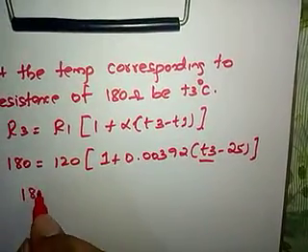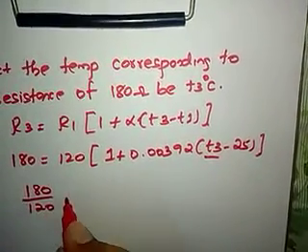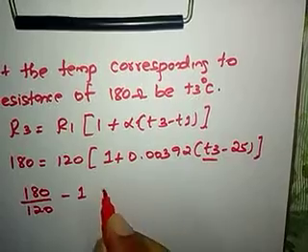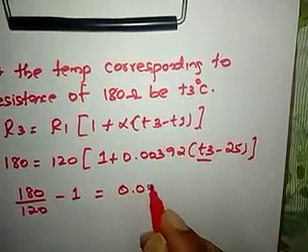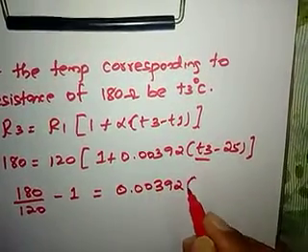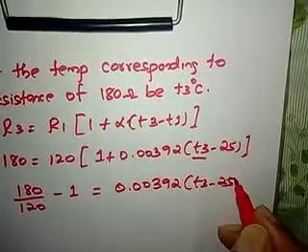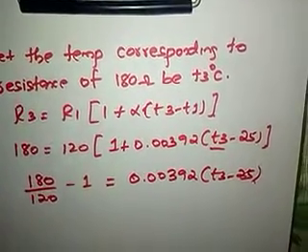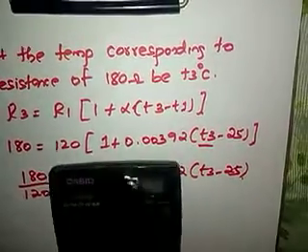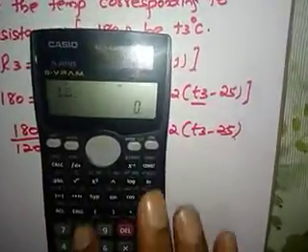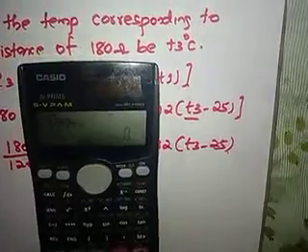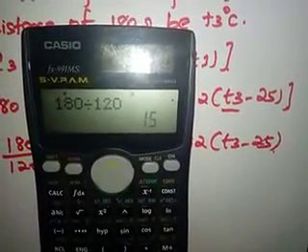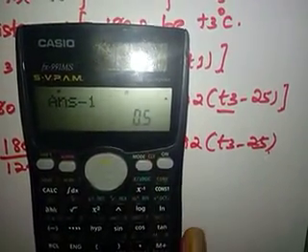So 180 divided by 120 minus 1 is equal to 0.00392 into T3 minus 25. So here what we will get? 180 divided by 120 is equal to 1.5, minus 1, that is 0.5.